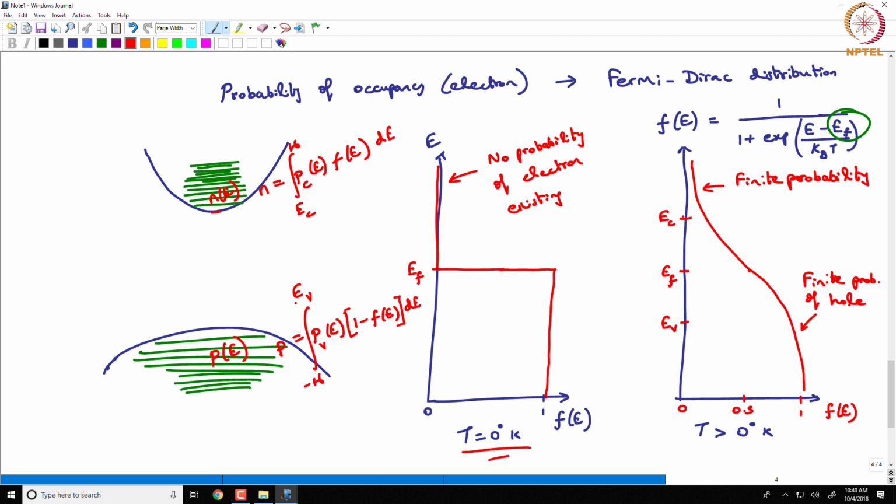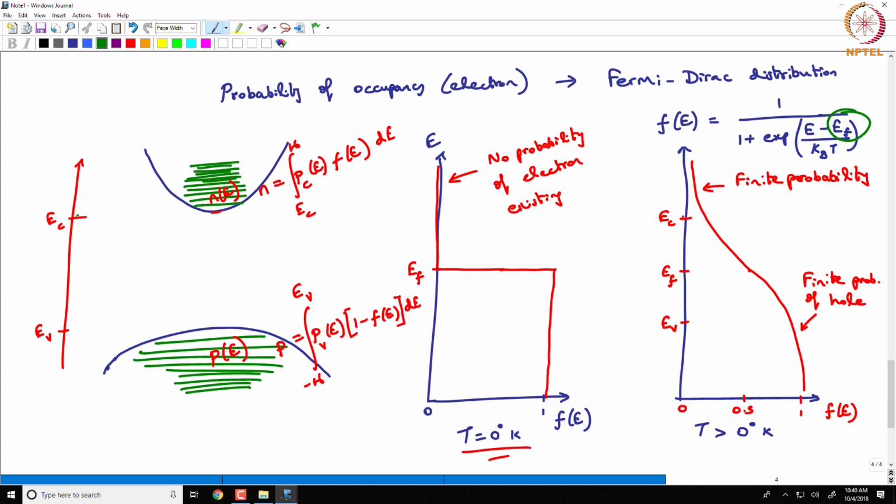So, what we find in this case is, if you look at, for example, this is your EC and this is your EV.